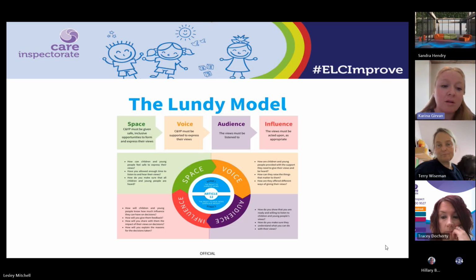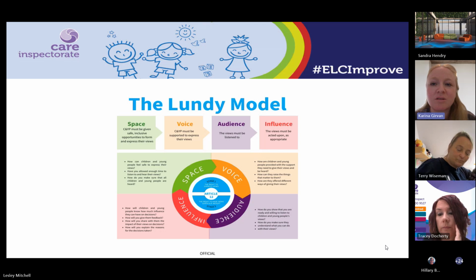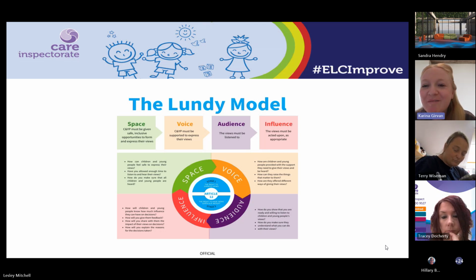However, Lundy also suggested that due to the interconnectedness with our human rights, Article 12 can't be looked at on its own. It can only be understood when it's taken alongside all the other articles of the Convention, because all the other articles do link in some way.